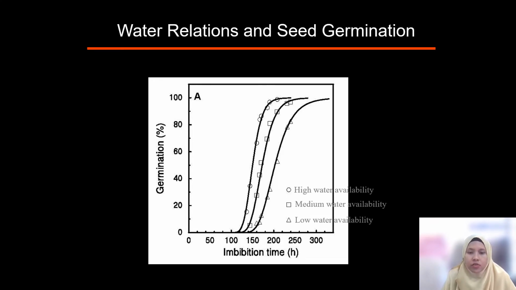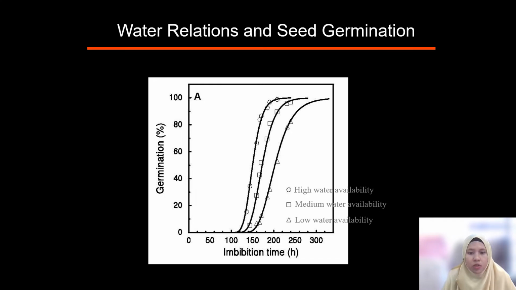Okay, so there are three treatments here: the high water availability, medium water availability, and also the low water availability. So this experiment shows that the seeds that receive the high water availability, meaning that the amount of water is a lot in comparison to the medium and also the low treatment, will germinate faster.